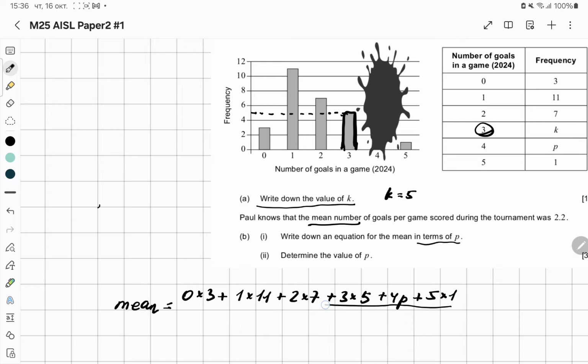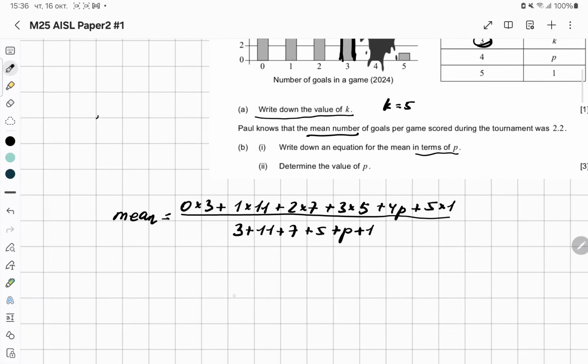And now let's divide by the total amount of the frequency. If we add up together 3 plus 11 plus 7 plus 5 plus p plus 1, after simplification we will get the expression (45 plus 4p) over (p plus 27), and it is equal to 2.2.